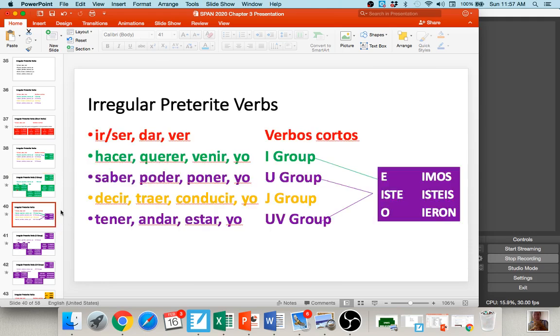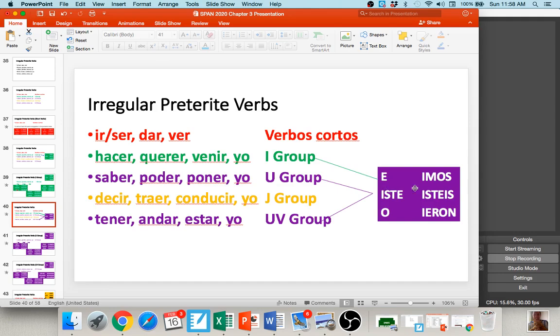So we've covered our first line. Fui, di, and vi are verbos cortos. Next we have our I group, hacer, querer, and venir. Hice, quise, vine. We've covered those. Next I want to talk to you about the U group and the UV group. The verbs saber, poder, and poner, to know information, to be able to, and to put or to place, as well as tener, andar, and estar, to have, to walk, and to be.